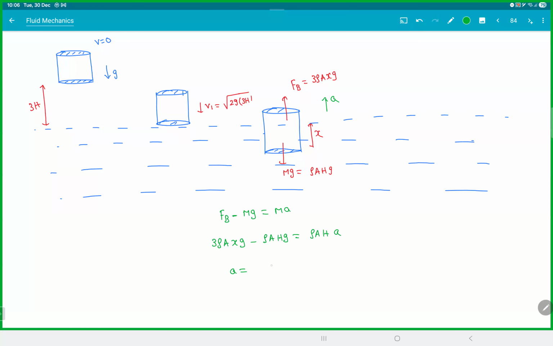You will get 3x by h g minus g. You can take out g common. You will get 1 minus 3x by h. So that is a deceleration in the upward direction. Then we can write a is equal to minus v dv by dx because you're decelerating.